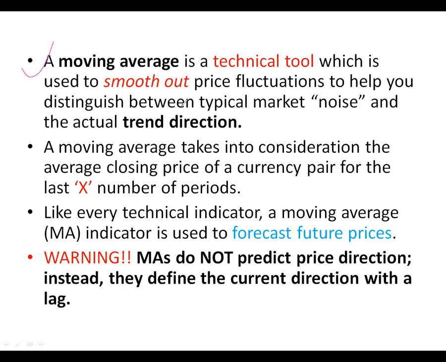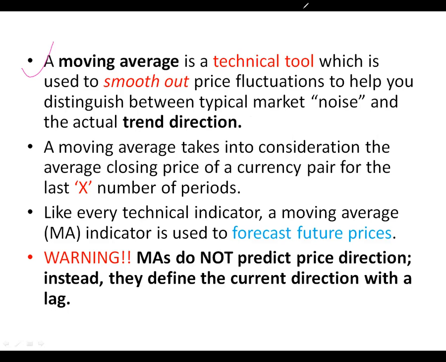Because the forex market moves in a rough or zigzag manner, we use a tool known as the moving average to smooth out these price fluctuations. We use moving averages to smooth out the price so that you are able to tell the direction of the market.